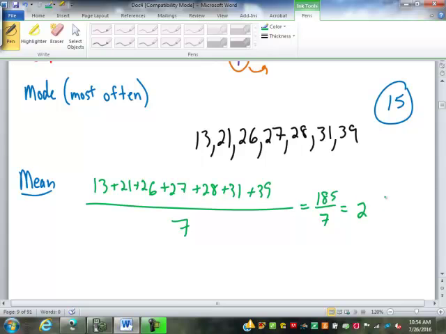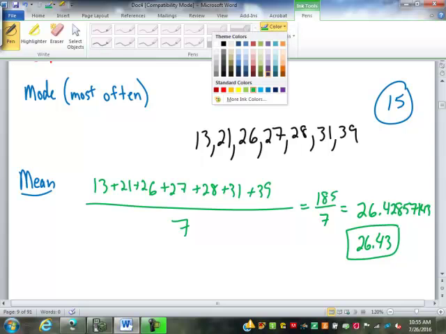Okay. So 185 divided by 7 divides out to be 26.42857143. So we'll go 26.43. We'll round it off for a mean.